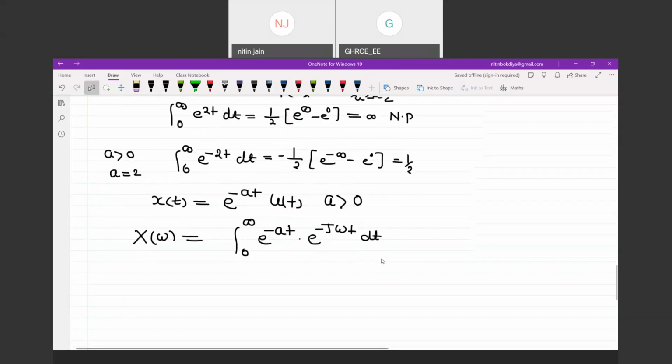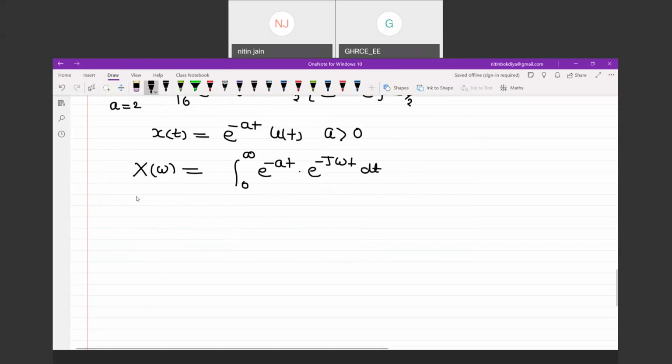Now x of omega can be written as the integral for t varying from 0 to infinity of e to the power minus (a plus j omega) t into dt.